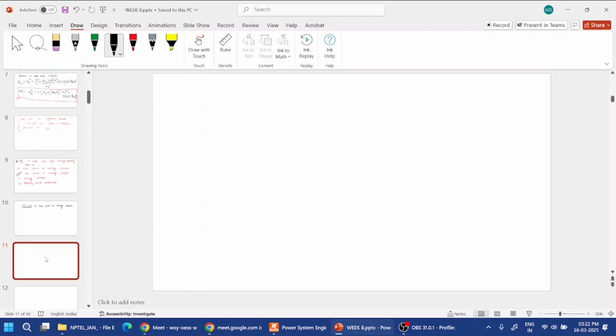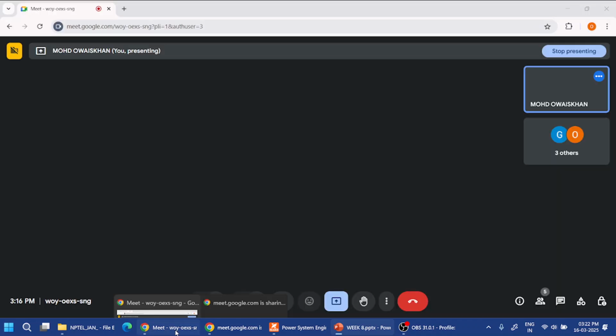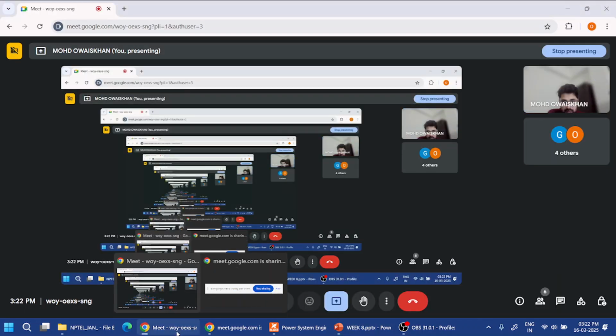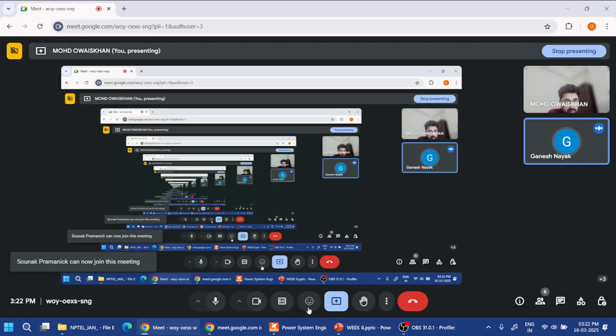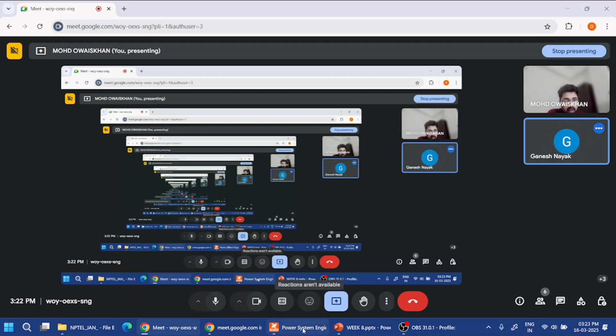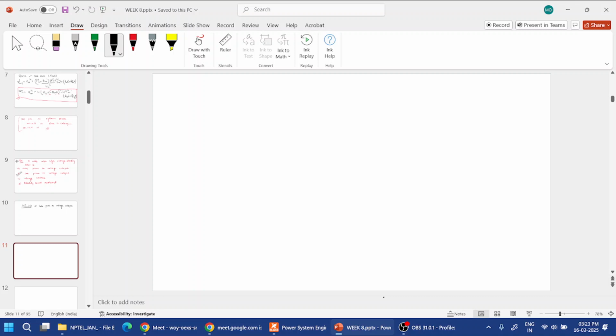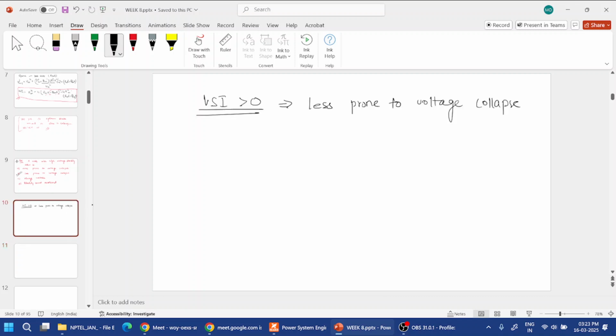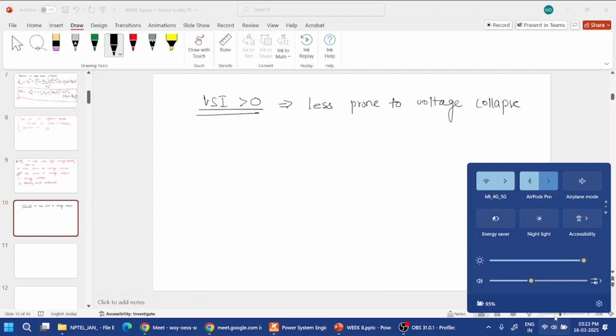So the next question here. Sir, please explain how it is. Collapse means voltage dip, no? Actually, collapse is a misnomer term.